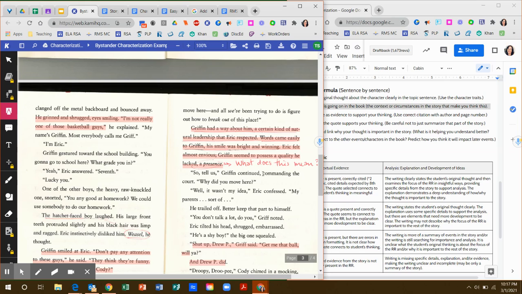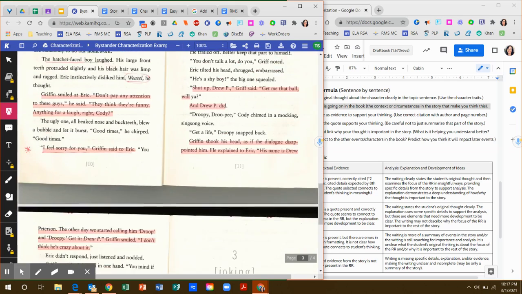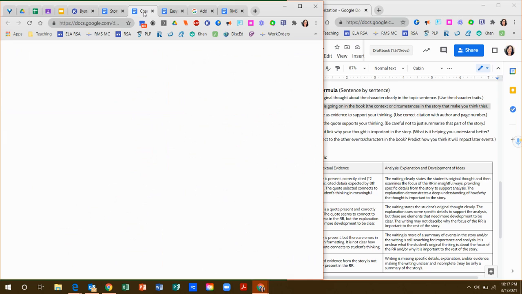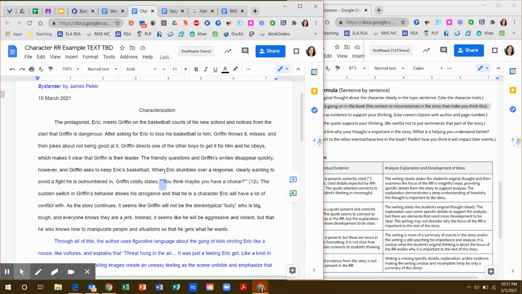Like right here, Griffin continued commanding the court. That doesn't have any quotes around it. Instead, I want to quote something that Griffin actually says out loud. I don't want to quote this whole section of what Griffin interrupted, his face a mask now hard to read. Instead, I explained that and wrote that out, right?